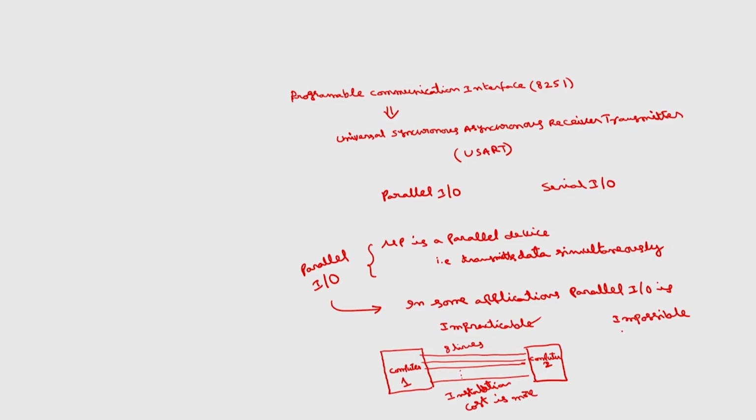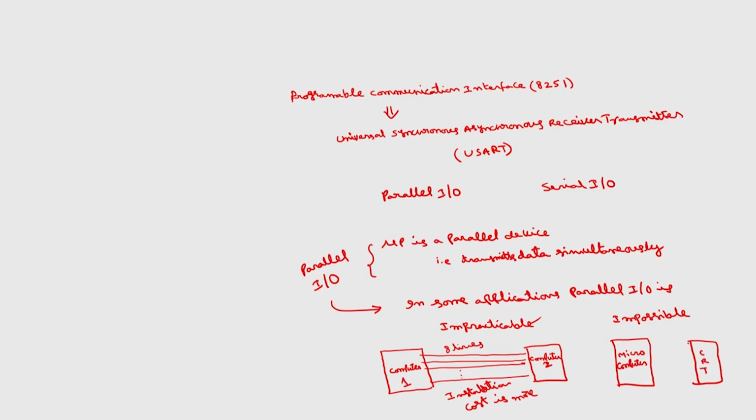There are some cases where even if I spend the cost, it is impossible to perform parallel I/O operation. One of these applications is a microcomputer, and in the previous example also computer means microcomputer, connected to a CRT terminal.